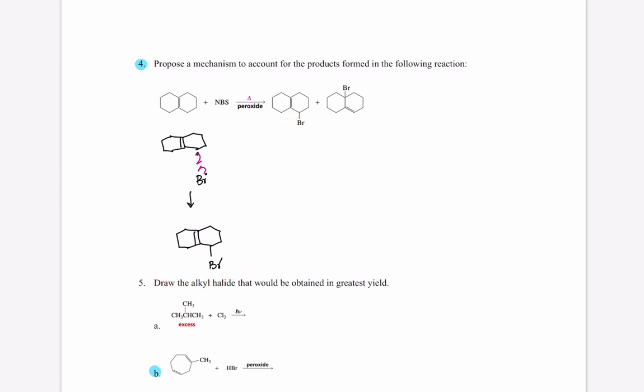Now what happens here is there is a possibility that this allyl radical can be resonance stabilized with another radical. Let's draw the other resonance contributor for this. This pi bond is going to break, and this is all going to come together, and there is going to be a new radical on this carbon.